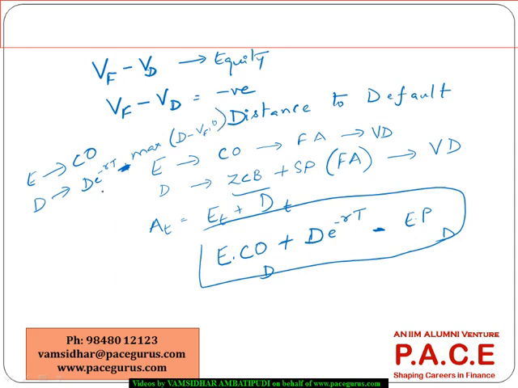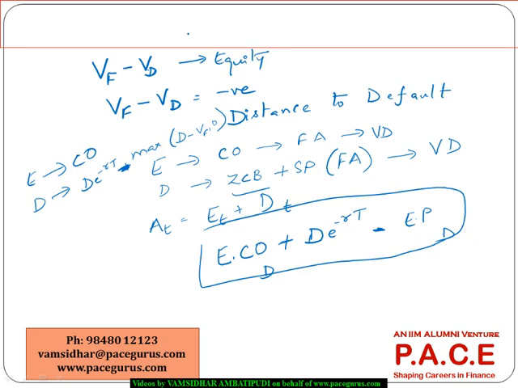So this is like a short put position on the assets of the firm with a strike price equal to the value of the debt. So this is one way we can find out the value of the debt, the value of the equity and the value of the firm using this Merton model.